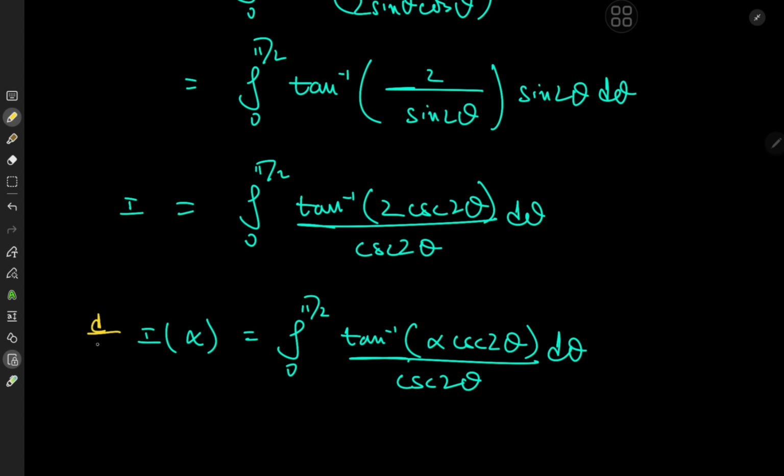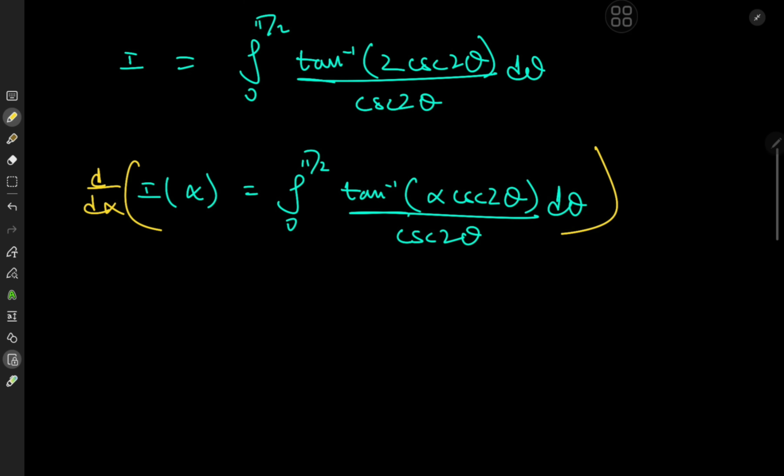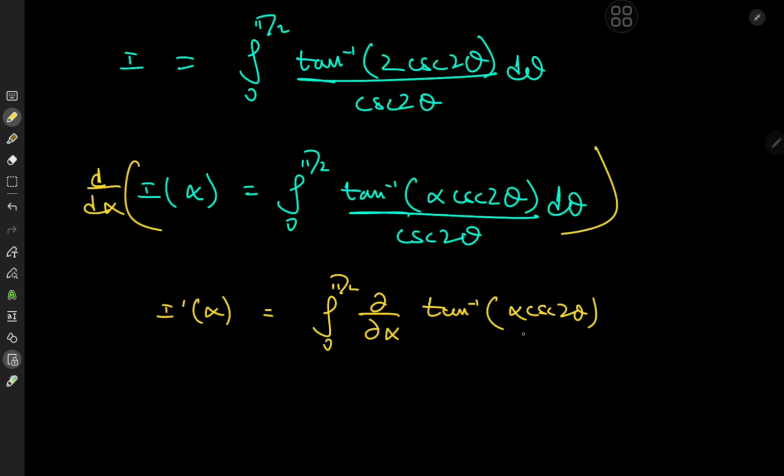So differentiating with respect to the alpha parameter yields on the left-hand side I prime of alpha, and on the right, on switching up the order of the integration and differentiation operators, the integral from 0 to pi over 2 of the partial derivative with respect to alpha of arctangent of alpha cosecant 2 theta over cosecant 2 theta d theta.